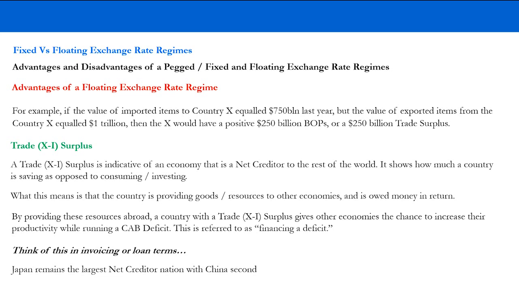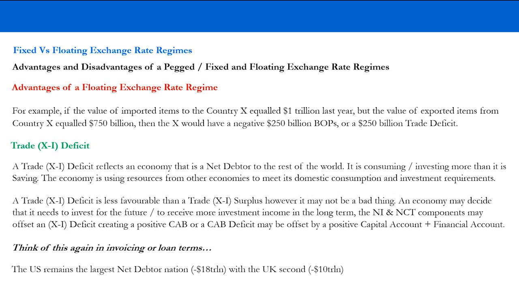As a country running a trade surplus, we're sending invoices to countries that are running deficits and sending resources in return for money. So start thinking of this in invoicing or loaning terms. In modern macroeconomics, Japan remains the largest net creditor nation in the world, and China comes a close second.